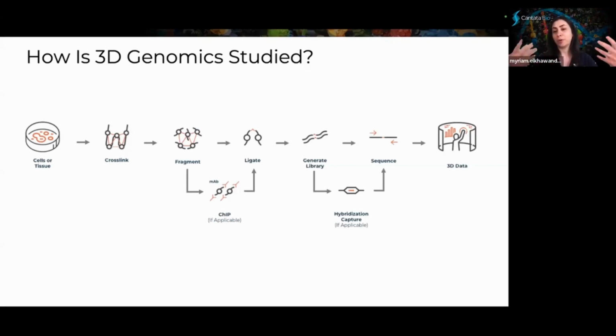That's really what proximity ligation is. It allows you to ligate and interrogate the interactions happening in 3D space between different regions of the genome. And the core workflow is this one here.